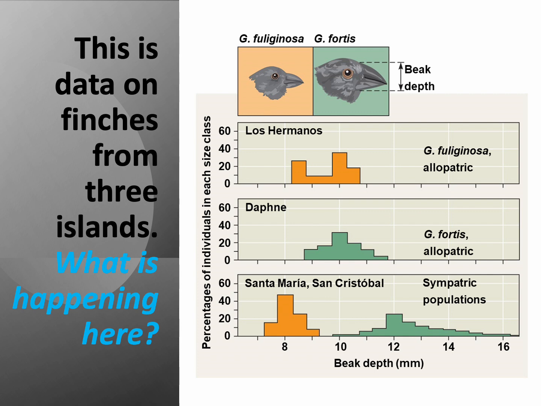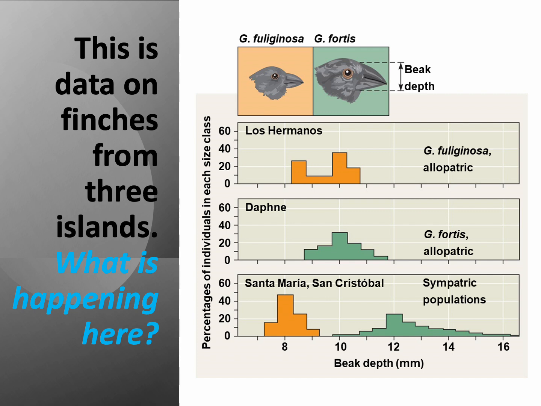Well, hopefully the more astute among you would have picked up on the fact that on the islands where they're living by themselves, they have a certain range of beak depths, right? And this is probably tailored to those specific conditions of those islands in the Galapagos. Each island is a little bit different in a lot of ways, in terms of the environments and the plants and the food available and the seeds and that sort of thing. But when they live together on Santa Maria or on San Cristobal, now those beak depths are starting to diverge, right?